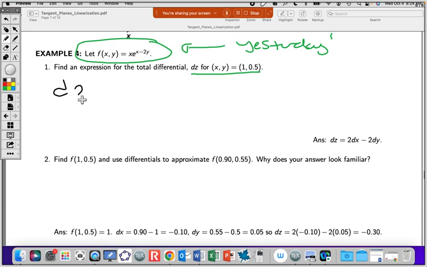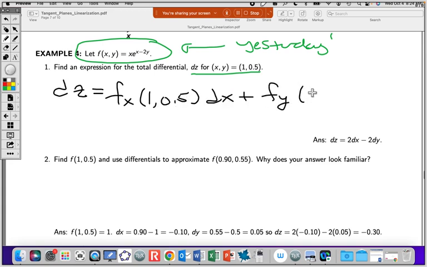So dz, once again, is looking for the approximate change in z as a result of changing x and y. So we look at the rate of change of z with respect to x at the point 1, 0.5, times our dx plus fy at 1, 0.5 dy.